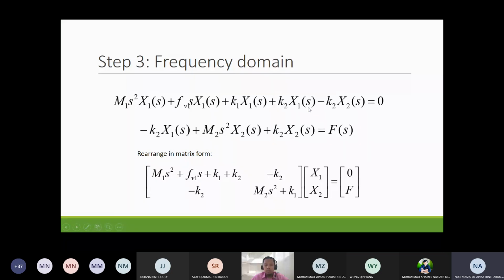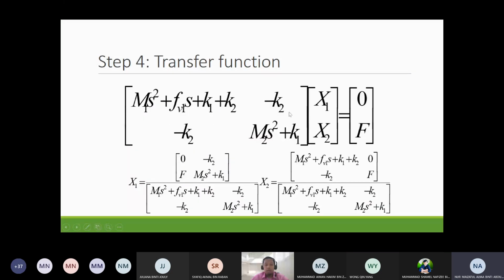So rearrange the equation into matrix form. Okay, so this is in the matrix form. Then if you want to find x1 and x2, you can just use the matrix without solving this manually. Here we use a theorem called Cramer's rule.